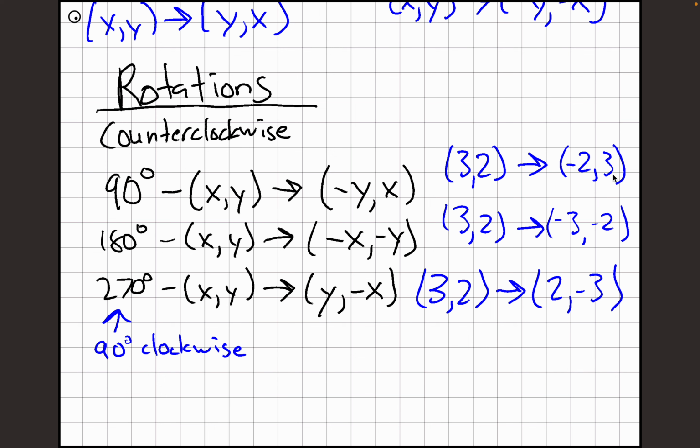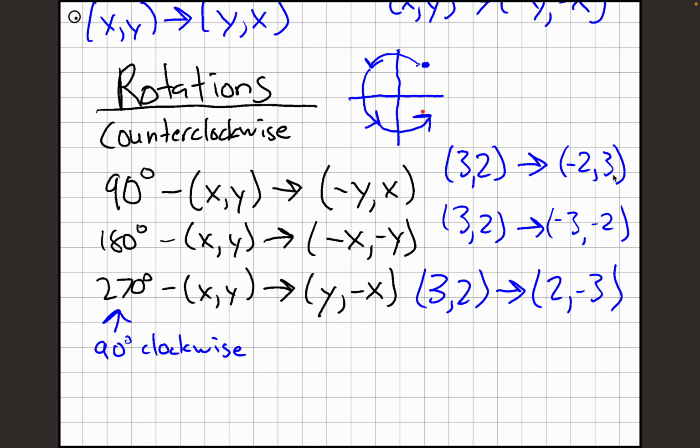So if we had a coordinate plane, and let's say this was 2, 3, just right here. When we go 270 degrees counterclockwise, this is 90 degrees clockwise, 180, 270.